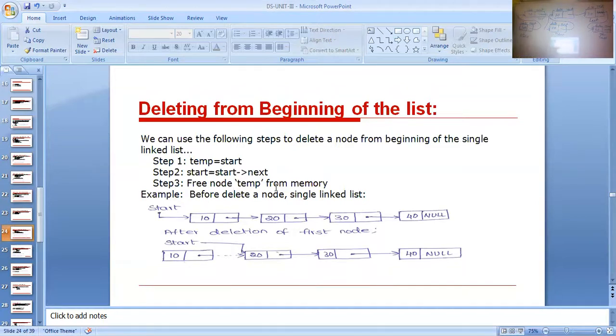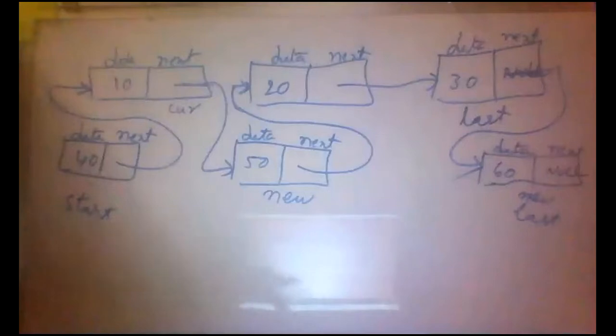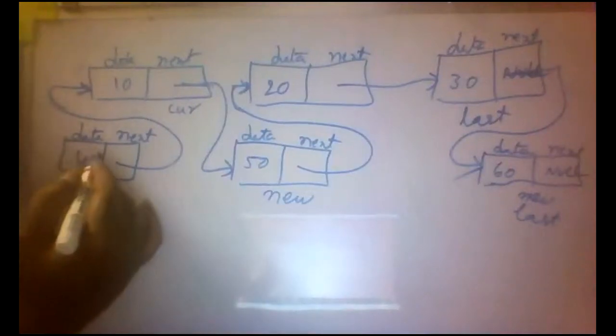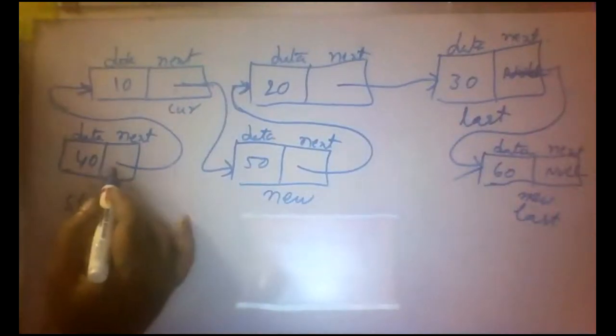Here temp equal to start. Start equal to start to next. Then free of temp. Clear all of you? Here in this example, I want to remove an element from the linked list. This is the starting node.